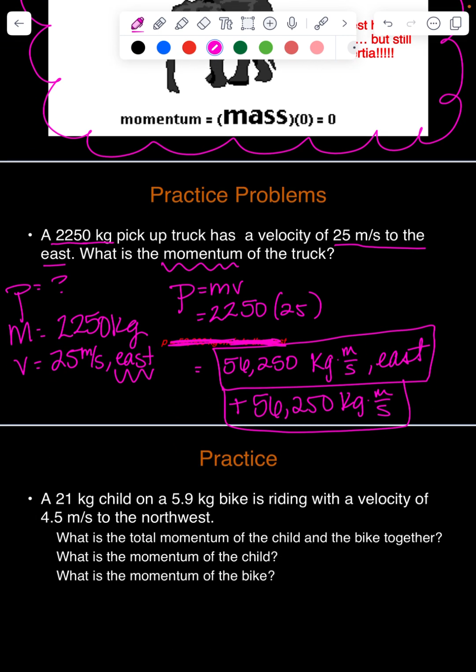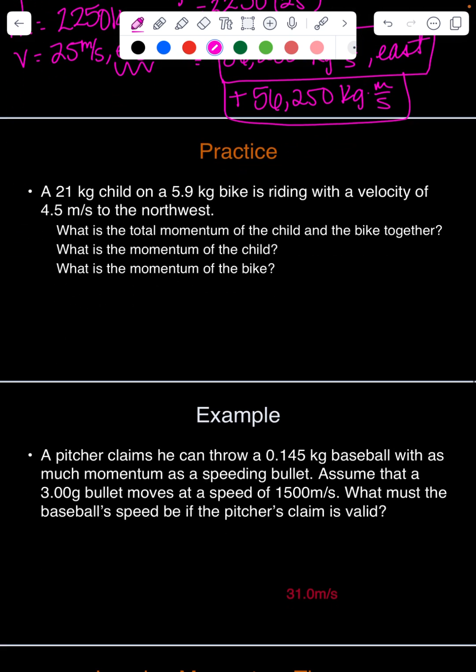Now let's look at this. So we have a 21 kilogram child on a 5.9 kilogram bike that's riding with a velocity of 4.5 meters per second to the northwest. I'm looking for three things here. The first thing is the total momentum of the child and the bike together.